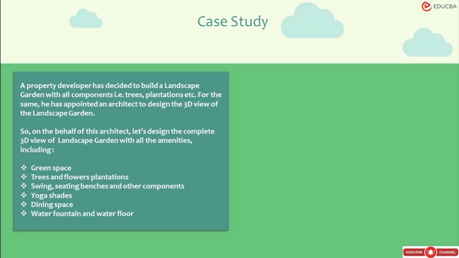So, on behalf of the architect, let's design the complete 3D view of the landscape garden with amenities and components including green space area, trees and flower plantation, swings, sitting benches and other components, yoga shades, dining space, and water fountain and water floor. All these components we will definitely install in our landscape garden.